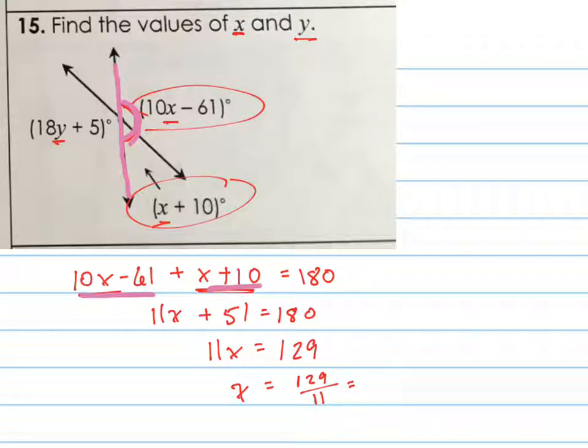But that's okay. 11 goes into 121 11 times, because 11 times 11 is 121, so there's going to be 8 left over. It's 11 and 8/11ths. Or you can write it as a decimal, or you can leave it like this.